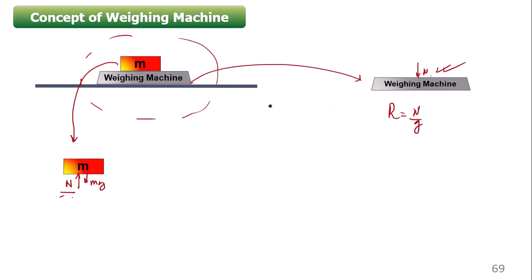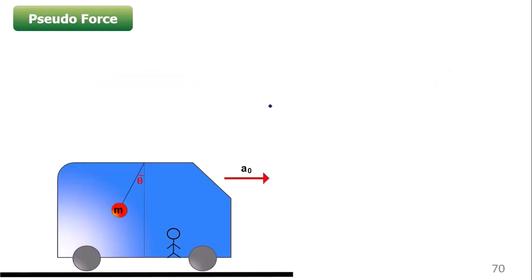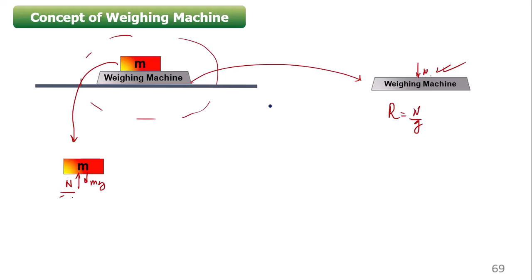That is the answer for the reading, because every time I have to calculate the normal or reading. The reading can be either the true reading or some other reading. For the other reading, I have to go for another concept, that is pseudo force.